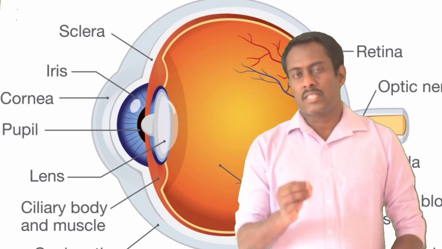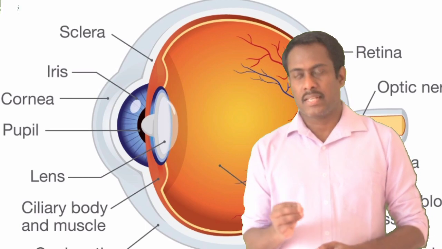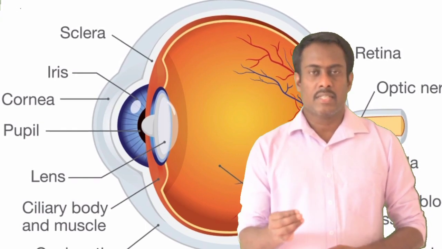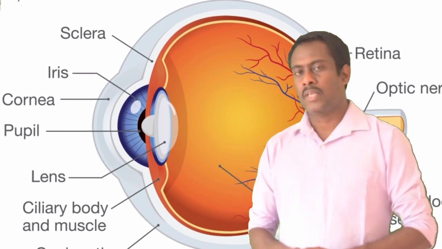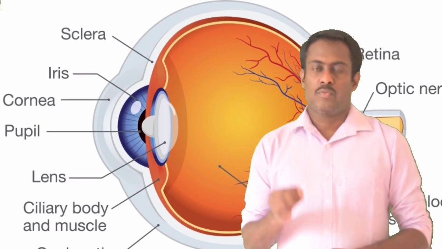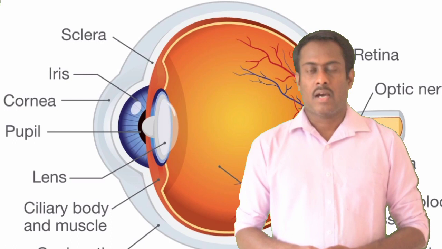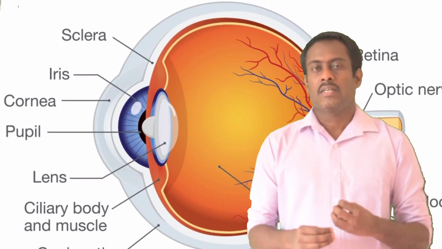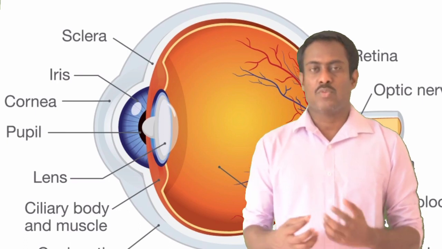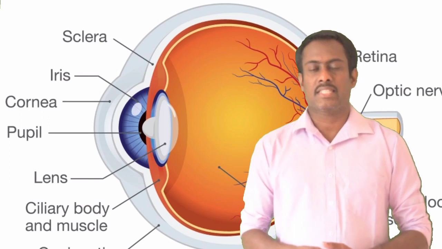Then the light enters the eye, passes through the crystalline lens, and the crystalline lens forms a real inverted image on the retina. The retina acts as a screen, and it consists of an enormous number of light sensitive cells. When light falls on the retina, these cells are activated and produce electrical signals.